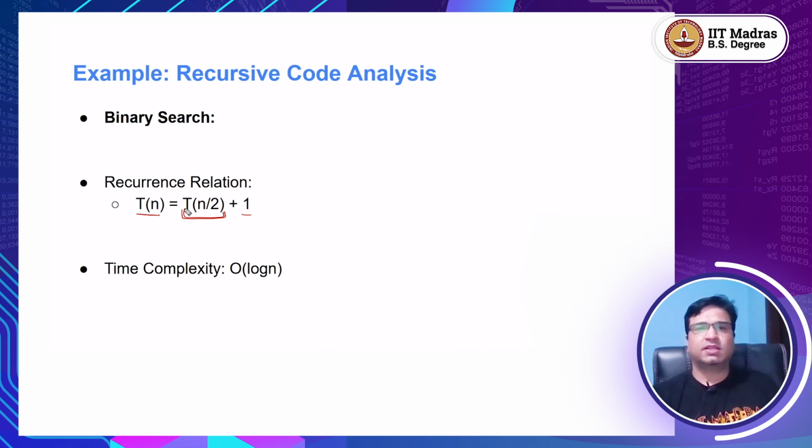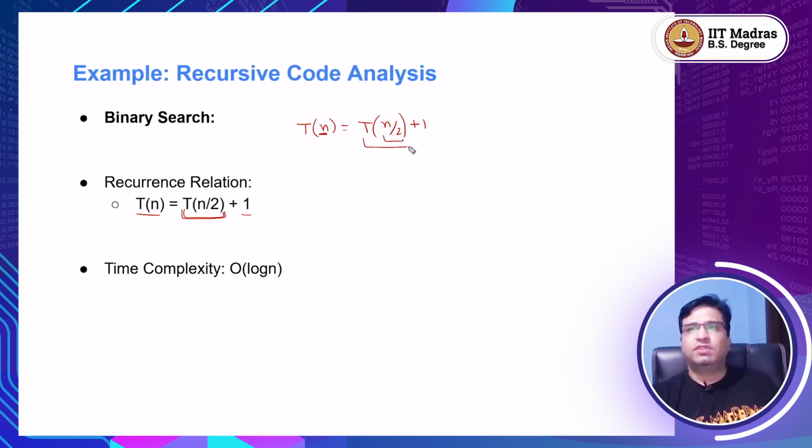So here we can solve this. Suppose we solve it by the expanding way. We can simply expand this equation like this. T(n) = T(n/2) + 1. Here you can see if the input is n, then our recursive call takes half of the input.